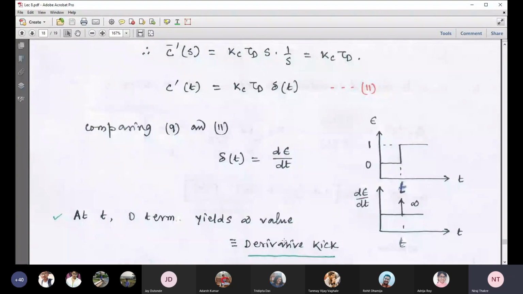That is called derivative kick. I repeat, during that vertical change in error, the derivative term provides an infinite quantity. That corresponds to derivative kick.